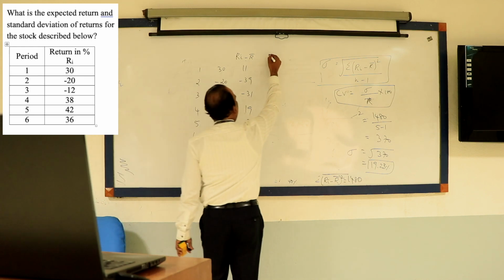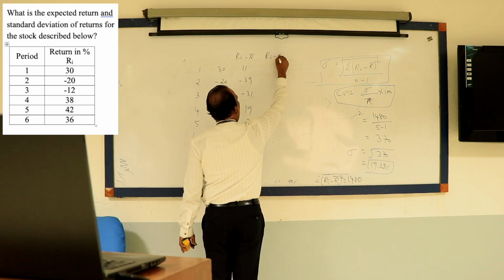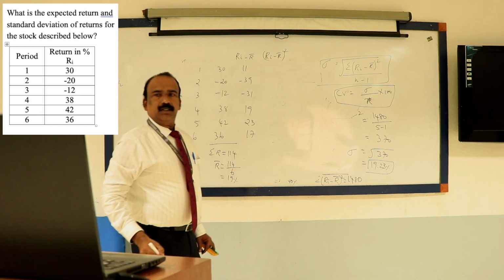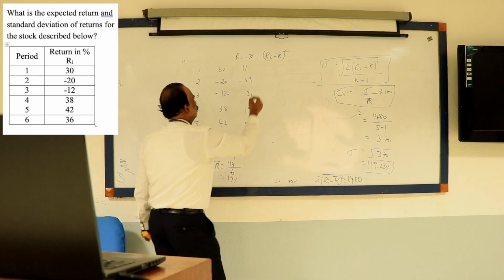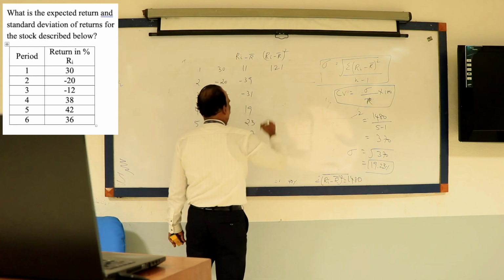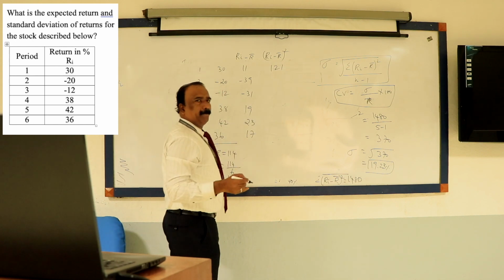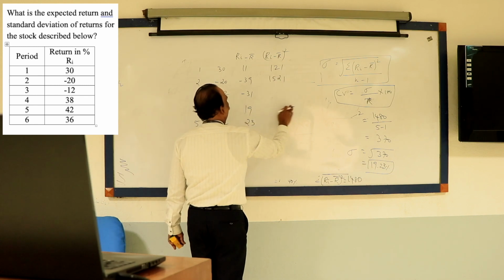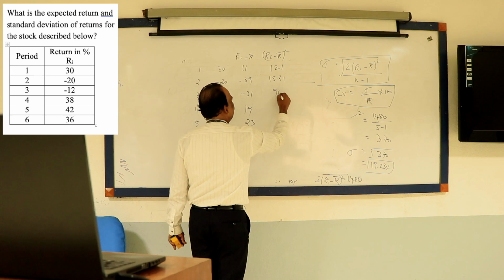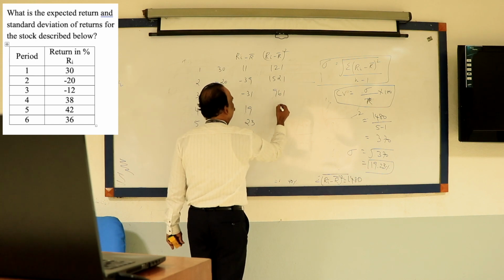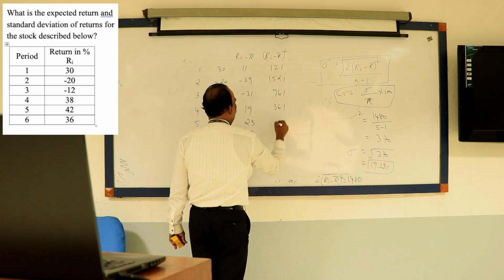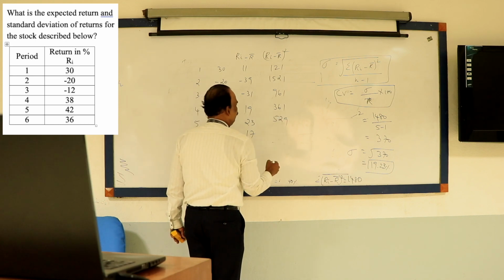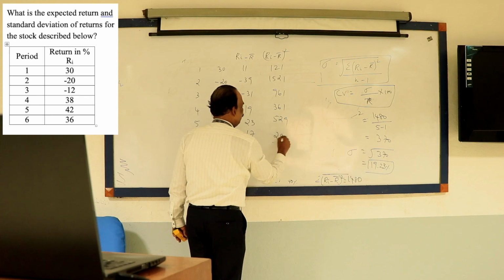Now third step, Ri minus R bar whole square. Square the deviation. Please tell me the answer. 11 square, 121. 39 square, 1521. 31 square, 961. 19 square, 361. 23 square, 529. 17 square, 289.